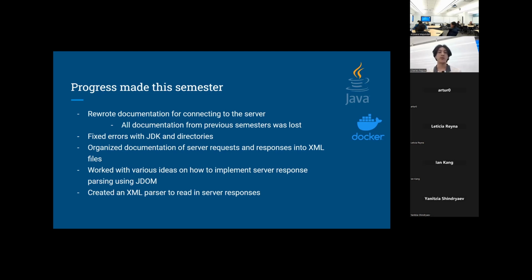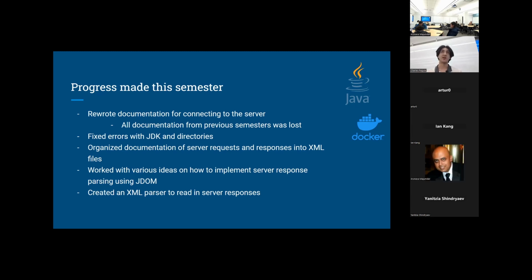After that, we started working on organizing the documentation of the server requests and responses to XML files. Amir will be able to touch on that in a later slide. And then we also worked with various ideas of how to implement this multi-threaded server response and execution parsing.